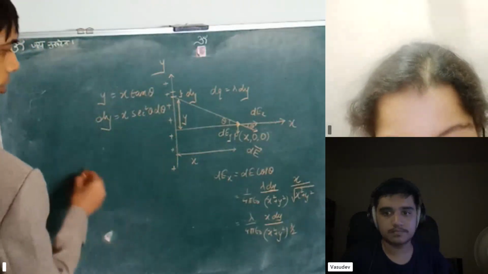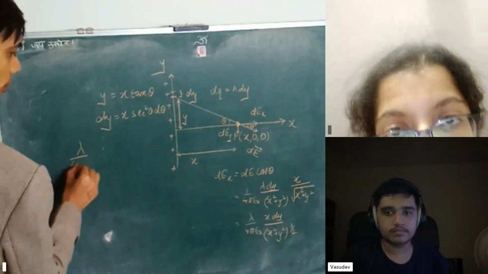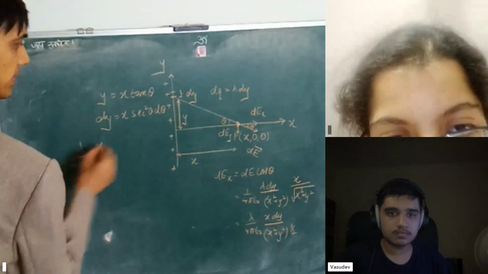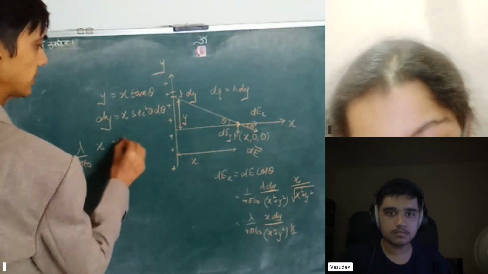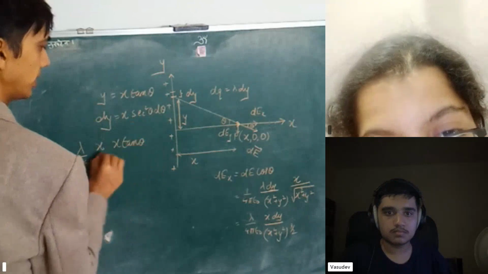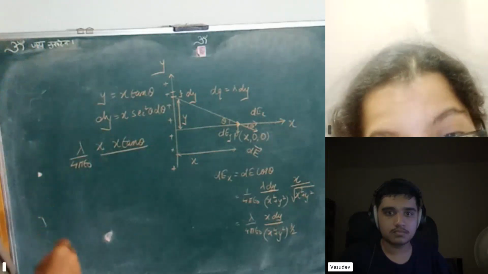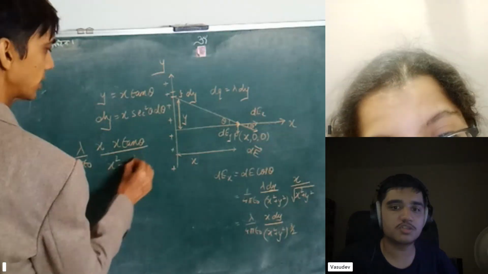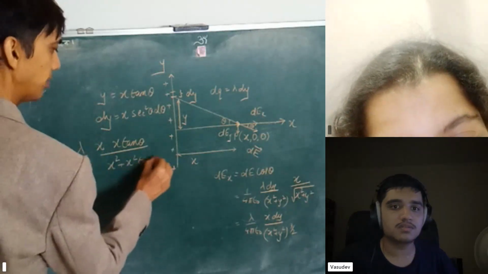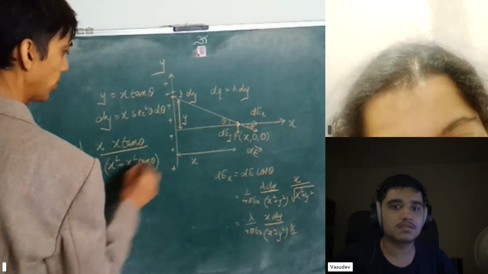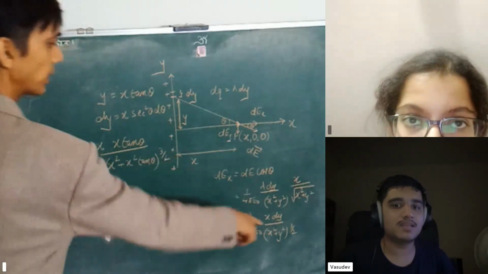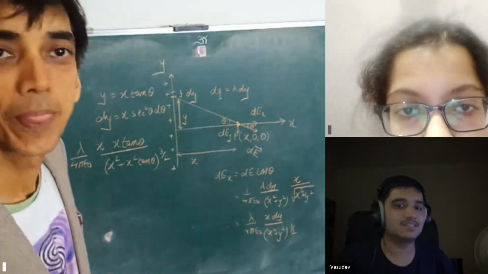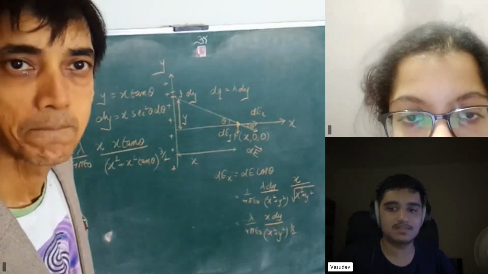Yes. What we can do, lambda as it is, 4 pi epsilon naught as it is, x as it is, dy is x tan theta divided by now x square as it is. So I think you made a mistake in the substitution. I told you that dy goes with y or with x. dy is not x tan theta.